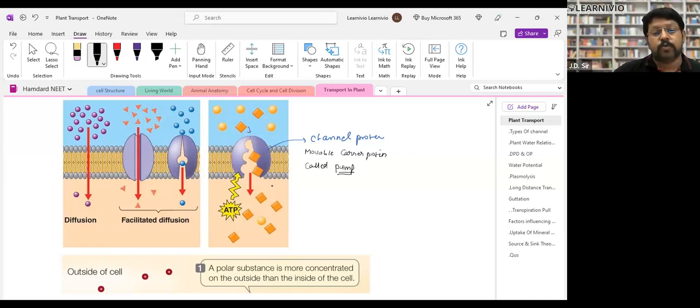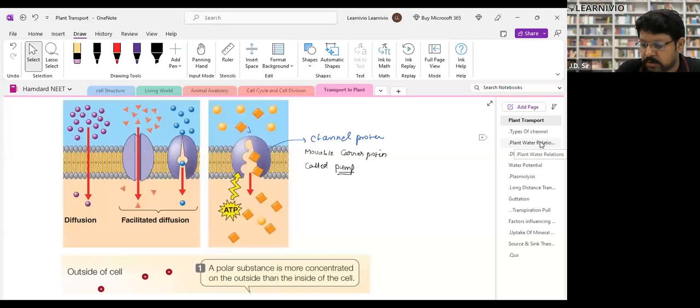The active transport reaches maximum when all protein pumps are being used. Is that clear?